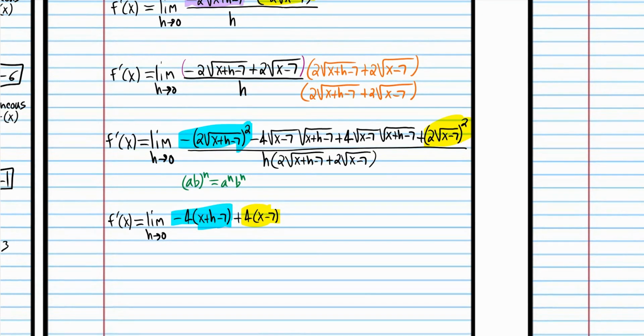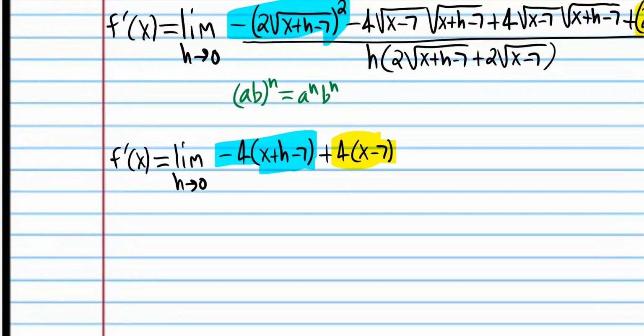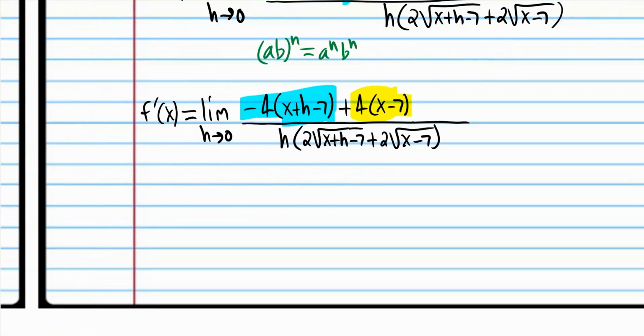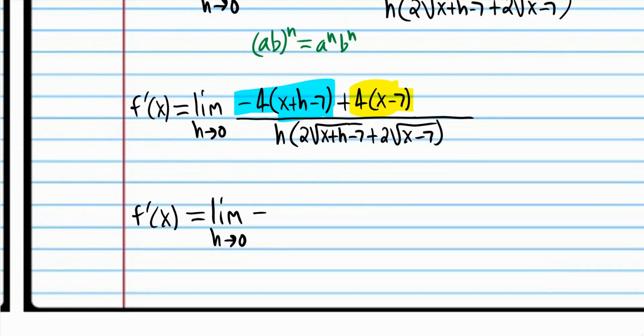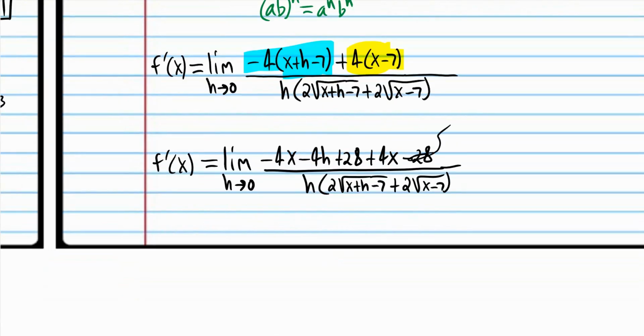So this is kind of a big problem. It's a lot of math here. And we're going to rewrite that factor in the denominator. And then I'm going to distribute the -4. And then you see that these terms cancel out. And these terms cancel out.